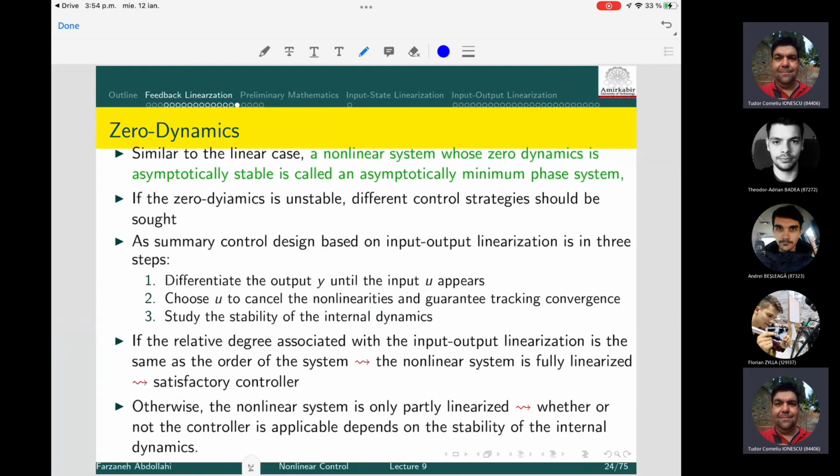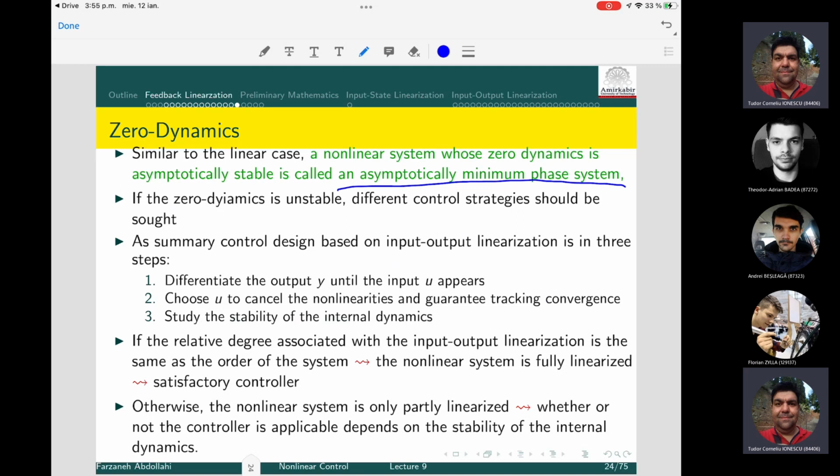Similar to the linear case, nonlinear systems whose zero dynamics is asymptotically stable are called asymptotically minimum phase systems, although you can't talk about phase. Phase is a notion from the frequency domain of complex numbers and complex functions, complex calculus.